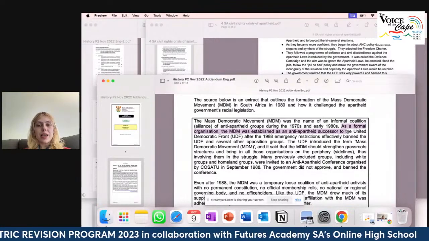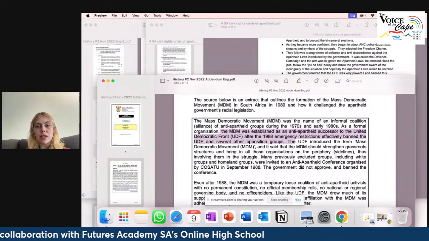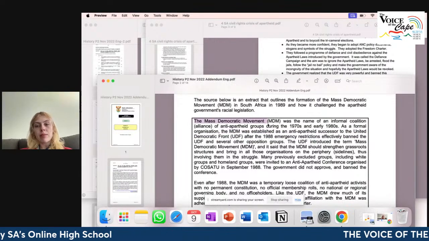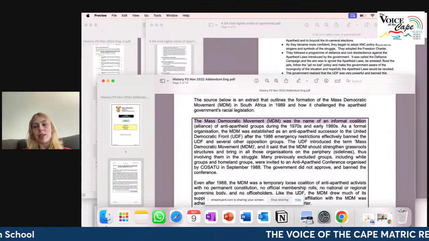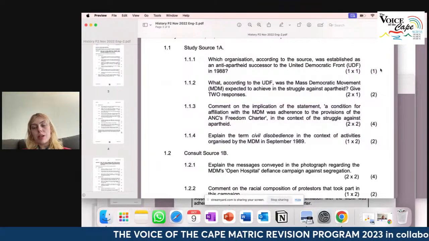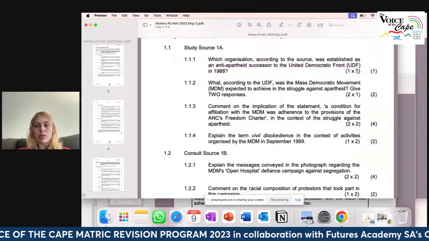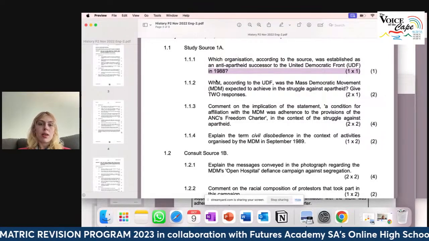As a formal organization, the MDM was established as an anti-apartheid successor to the United Democratic Front. So your answer is the Mass Democratic Movement, in brackets, MDM. So 1 times 1 equals 1. Usually if it's a lower order question like this, your answer comes right out of the source as well. So this is just comprehension skills.